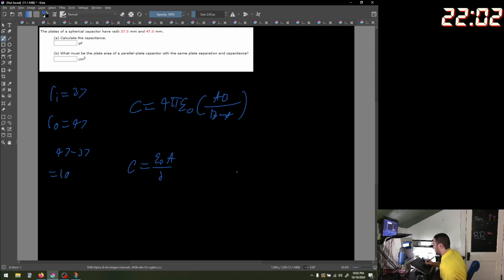So I have 10, and the capacitance here is going to be the same, so it's 19.3. So now we're going to multiply this by 10 and divide this by epsilon 0. 19.3 times 10 divided by 8.85 times 10 to the negative 12.